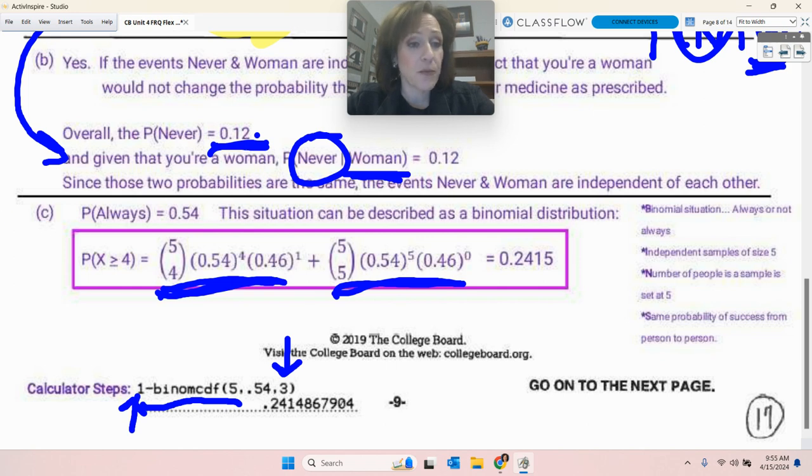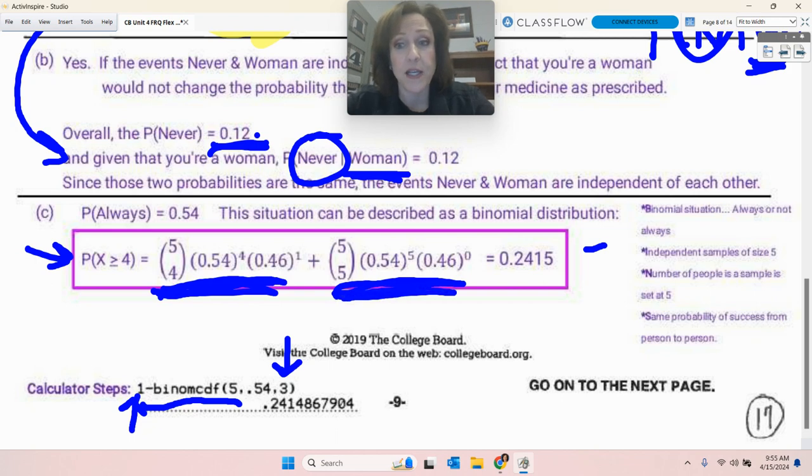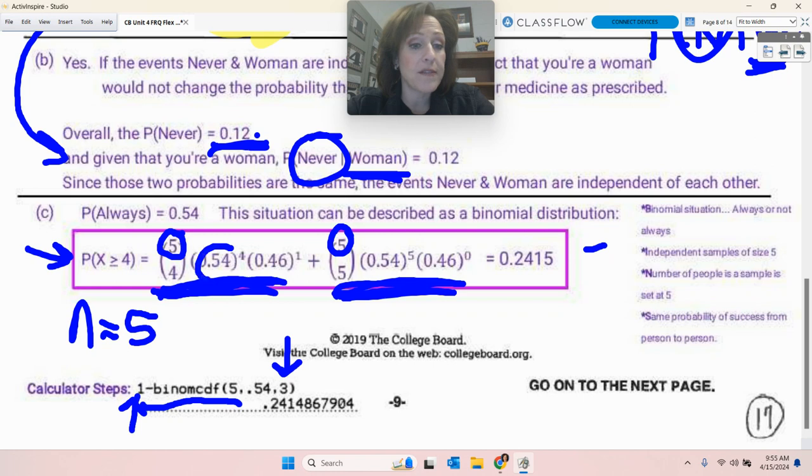All right, so first, the probability of always was 0.54. And they needed you to somehow show that it was binomial. By doing the formula that I have written here, it indicates binomial because I show the binomial formula, and it's a standard formula, so that counts. I also indicate that n is 5 by putting 5 right here. And I also indicate that the probability of success is 0.54 because I did that here and right here.